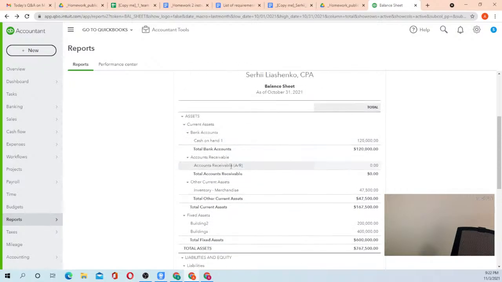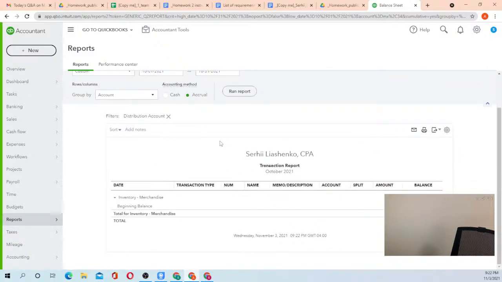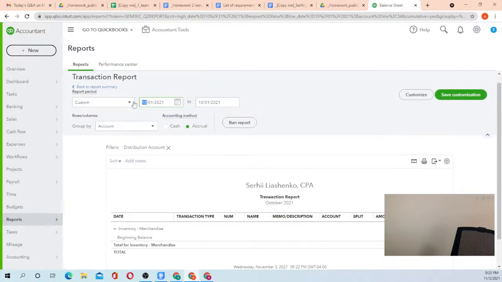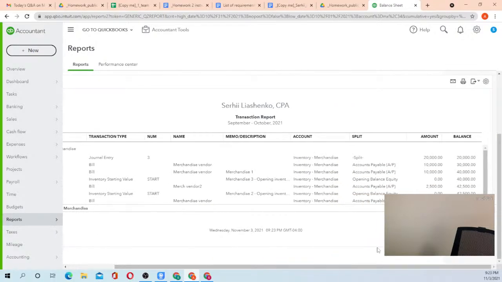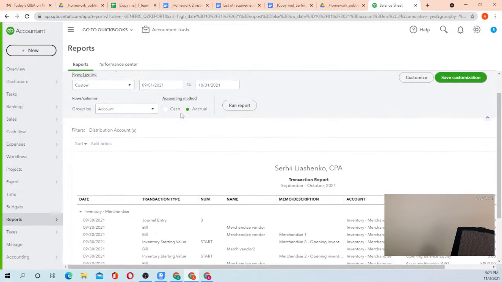And we have inventory on accrual basis. And we have 47,500 inventories under accrual basis.